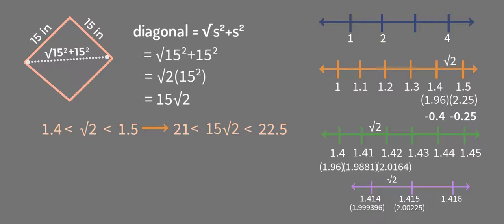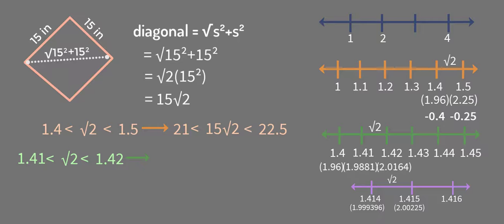Now with the next one, we looked at 1.41 and 1.42. So 1.41 is less than the square root of 2, which is less than 1.42. We want to multiply everything by 15.